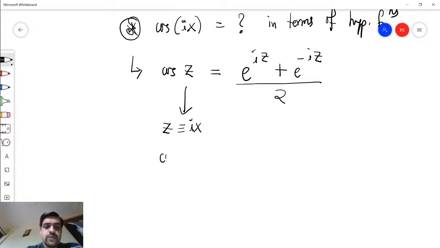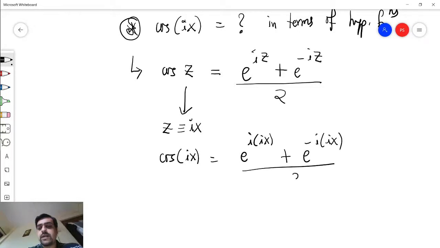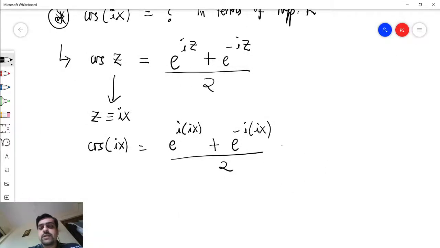So we have cos of ix is equal to e raised to i times ix plus e raised to minus i times ix, divided by 2, which gives us e raised to minus x plus e raised to x, divided by 2.